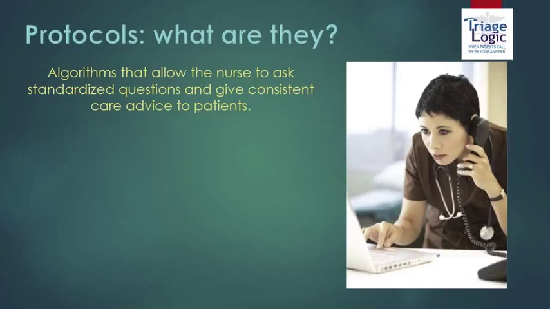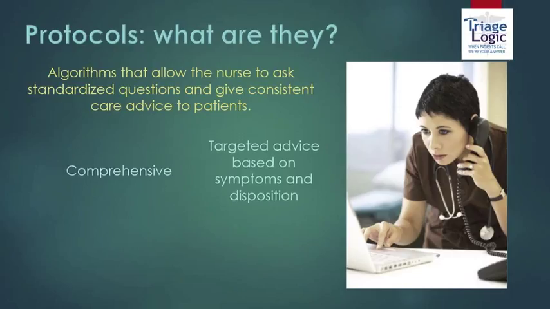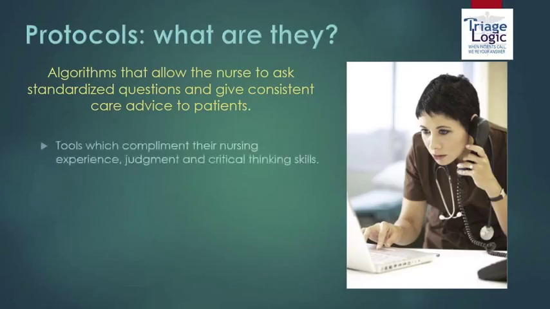Because of the variety of ages and multitude of reasons the patient is calling, the triage protocols have to be extremely comprehensive and need to give targeted advice based on the symptoms and disposition of the caller. Protocols, like the nurse's stethoscope, are just one of many tools used by the triage nurse to assess her patient.